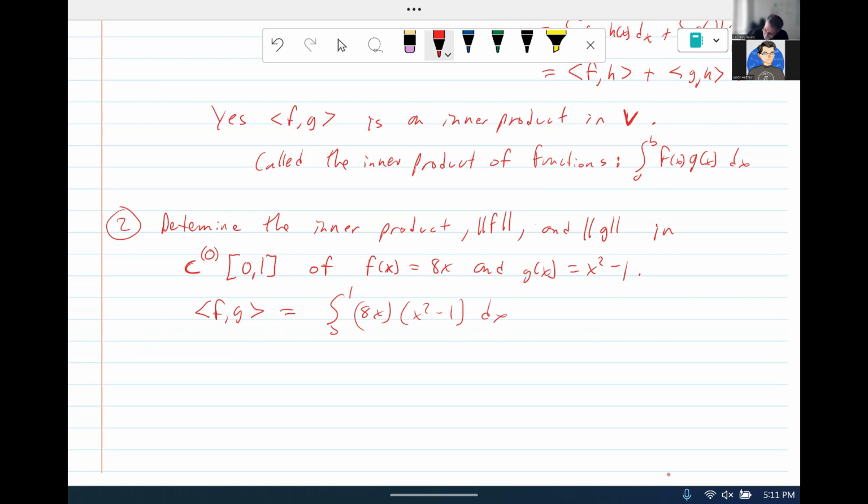Distribute the 8x, I get 8x cubed minus 8x, integrate from 0 to 1 dx. This is going to be 8x to the 4th over 4 minus 8x squared over 2 from 0 to 1. That becomes 2 minus 4, which is negative 2.